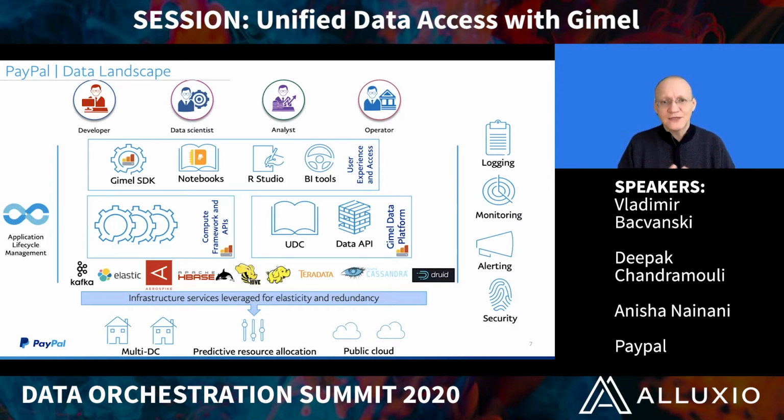For that, you can see in this illustration the symbol with the book, UDC, Unified Data Catalog. This is the special system that is keeping track and maintaining all of the metadata for all of these 160 petabytes of data in different stores.